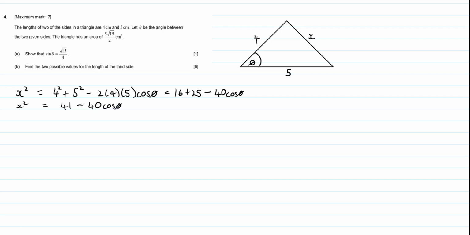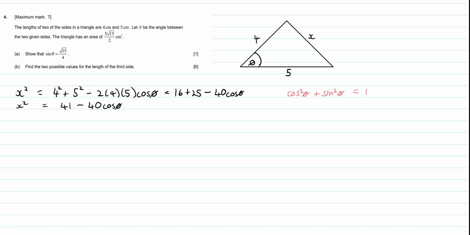So to find cos theta, we can use the trig identity, cos squared theta plus sine squared theta is equal to 1. Because we already know what sine theta is, we're given that in part 4a, that is root 15 over 4.